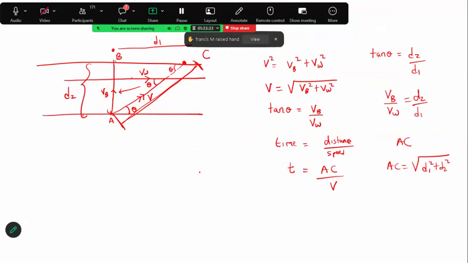But our teacher told us that apparently you can also use that distance BA. But for that distance BA, if you use the velocity of VB, if you are finding the quickest time.